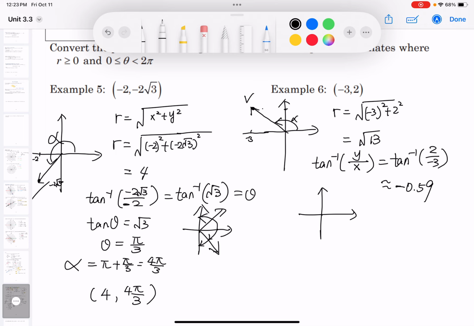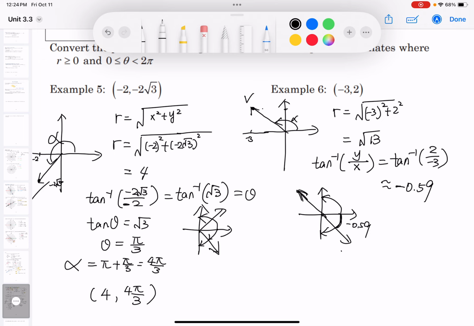So finding the inverse of tangent, positive is in the first quadrant, negative is in the fourth quadrant, rotated clockwise. So this angle is negative 0.59. And so finding the angle is the opposite of it.